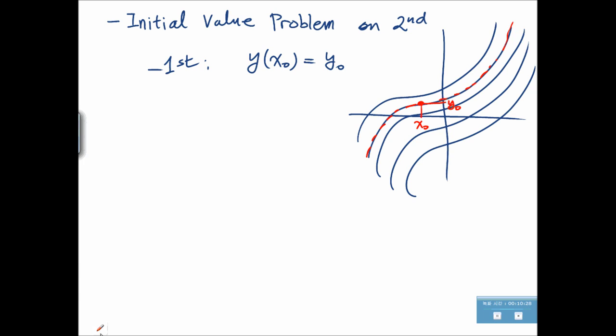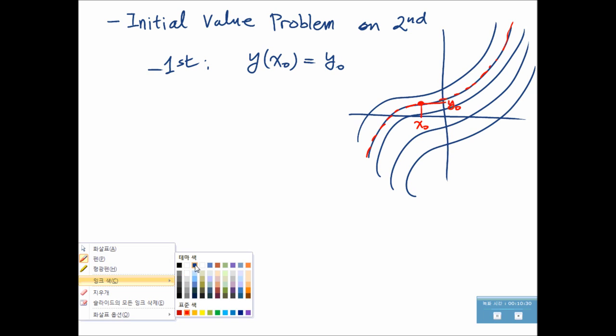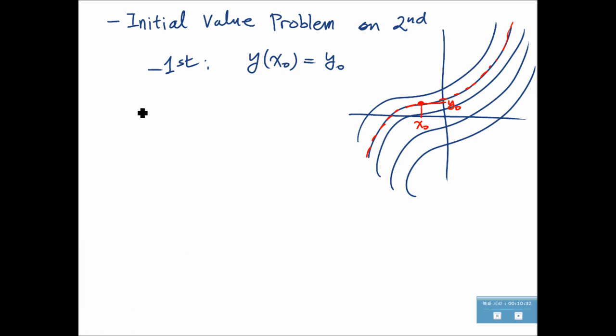For second order, y is c1 y1 plus c2 y2. You have two unknowns, right? Then you need two conditions.